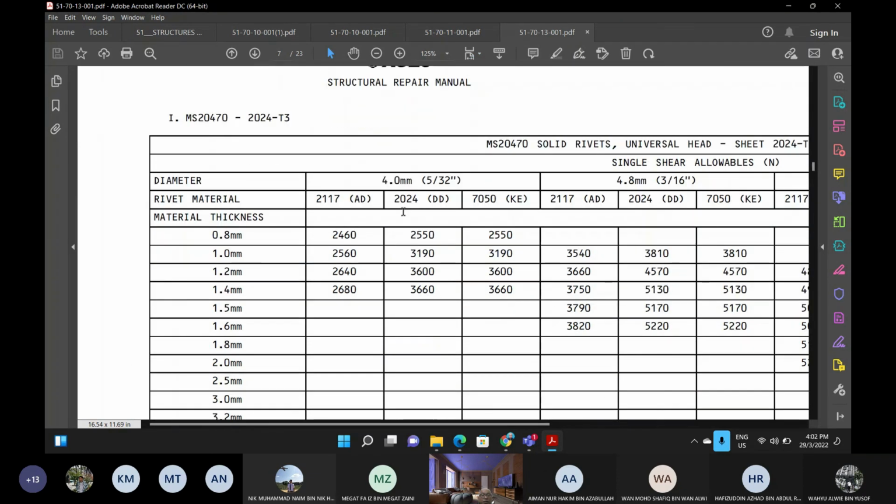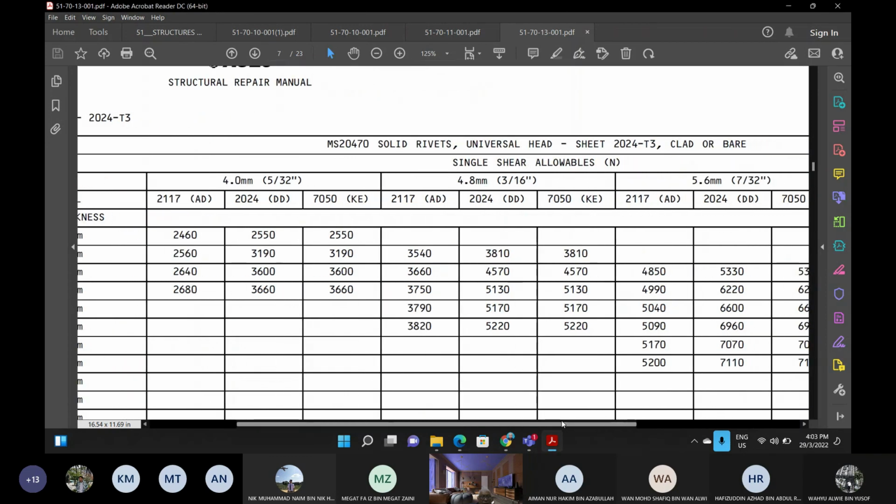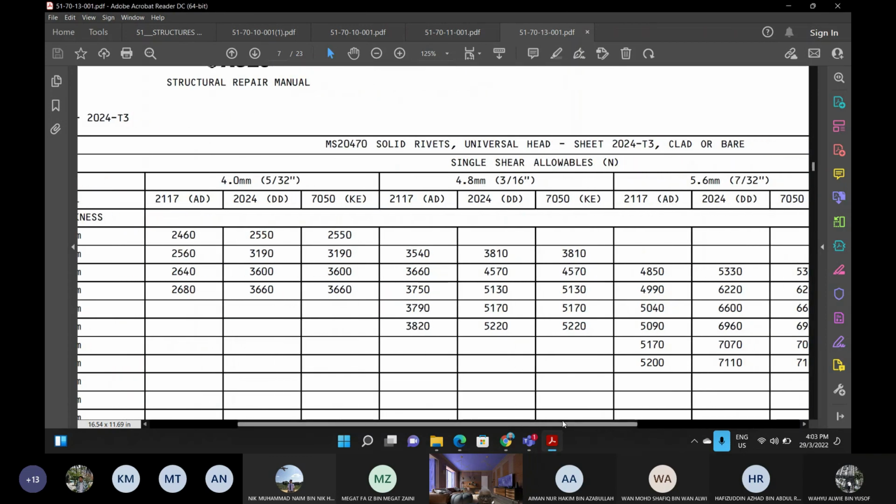Okay, for example, this table here, MS 20470, that's the fastener. MS 20470 is the most commonly used rivet, solid rivet universal head, in sheet 2024 clad bare.